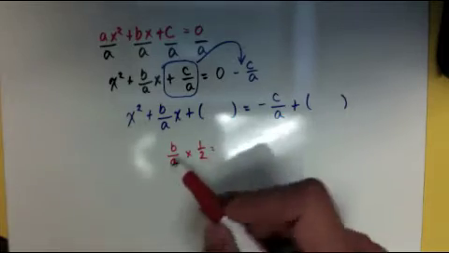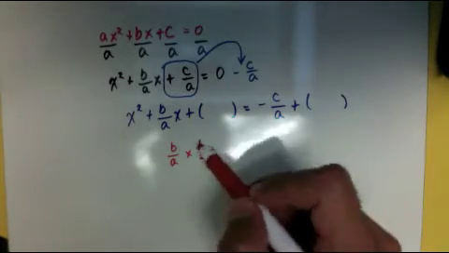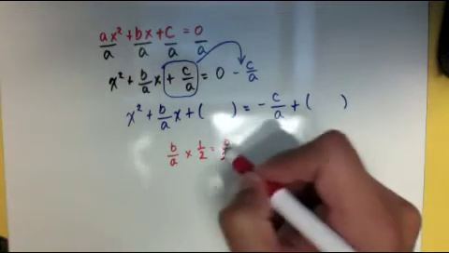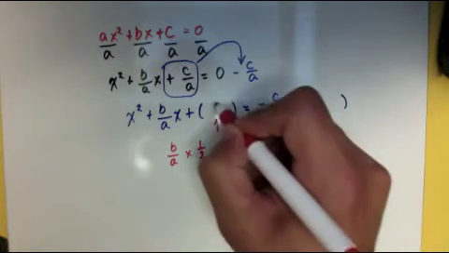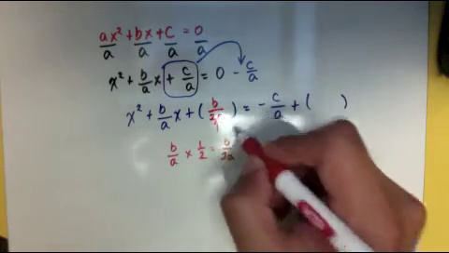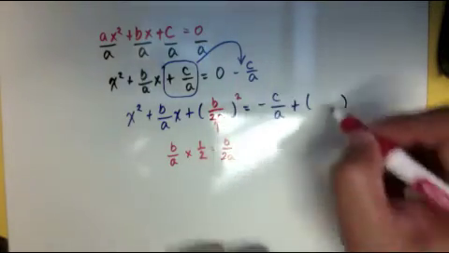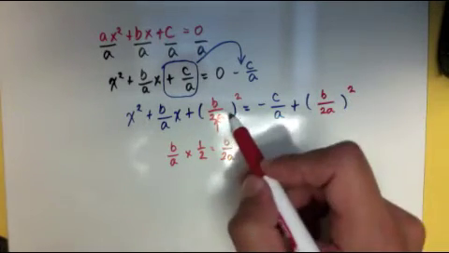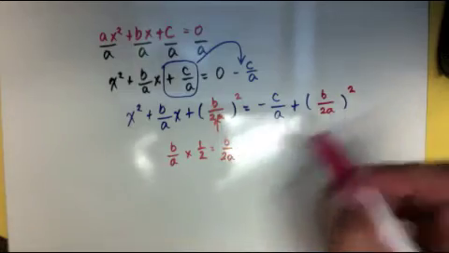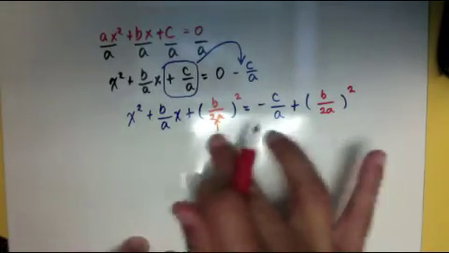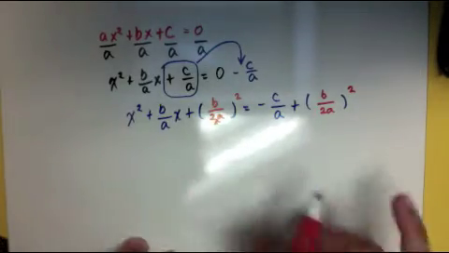So half of a fraction: b times 1 is b, a times 2 is 2a. So that's what's going to go in here. We're going to put b over 2a, and of course we're going to square it. Remember, what you do on the left, you have to do on the right. So now that we have that, we've completed the square.